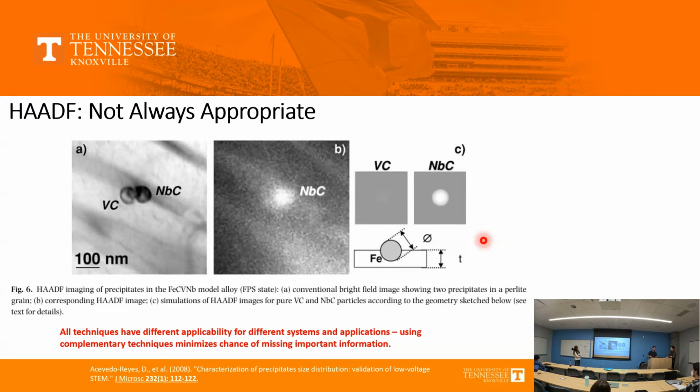They found that if a carbide particle slightly protrudes from the matrix foil and doesn't pass all the way through it, then by running a lot of iterations, a condition like this would result in the vanadium carbide not showing up in the same condition where niobium carbide would. This illustrates that different techniques have different suitability: something that works brilliantly for a nickel alloy with some orthorhombic precipitates may not be suited to something like this.